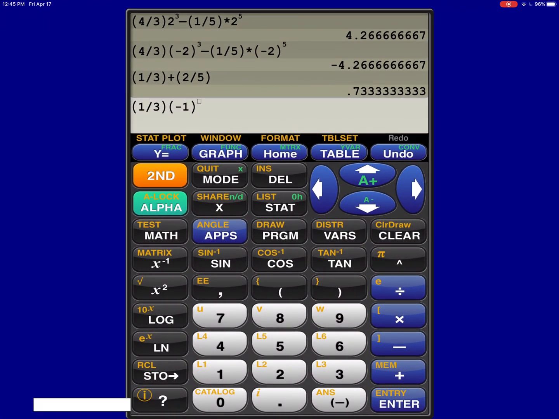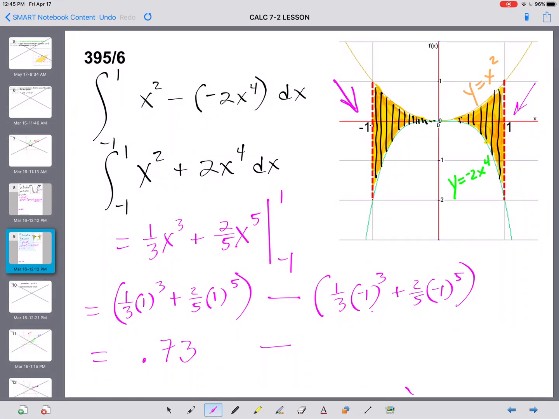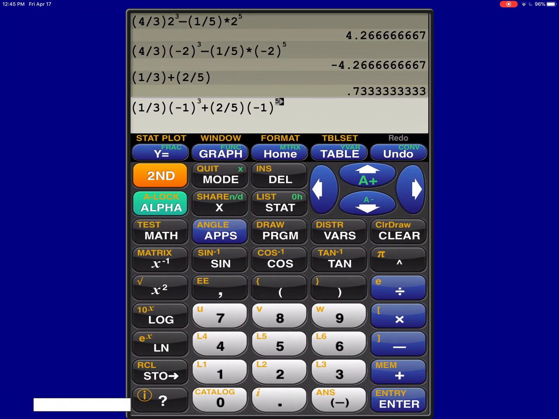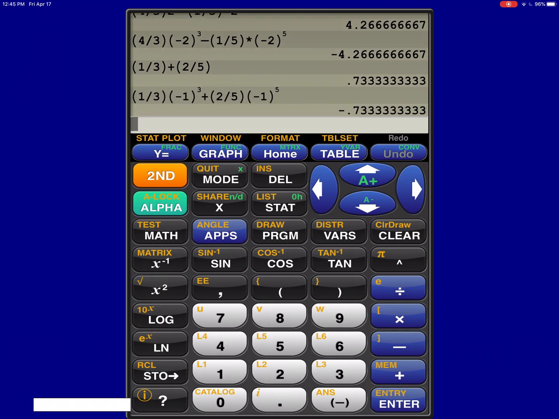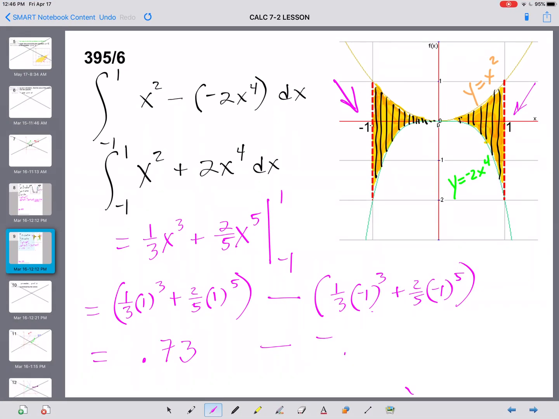Then we've got plus, parenthesis, 2 divided by 5, close it up, times parenthesis, -1 raised to the 5th power. Let's double check that. Yep, that's what it looks like. There it is, -0.73.